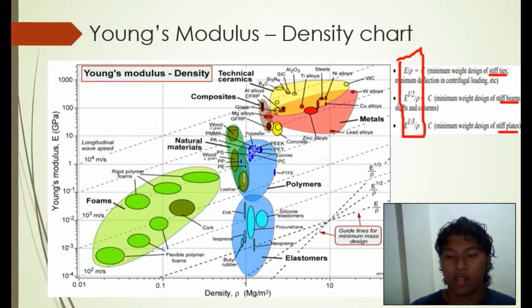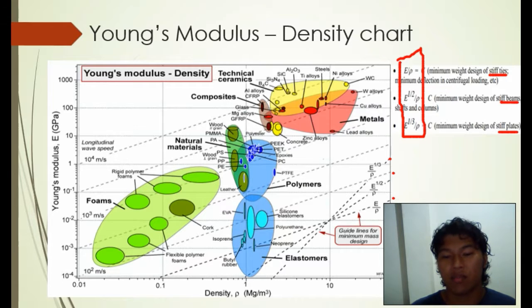With this relationship, we draw lines on these graphics, where we can see that these lines are parallel to each other. With those lines, with a constant slope, we see what is the best material that we can use.